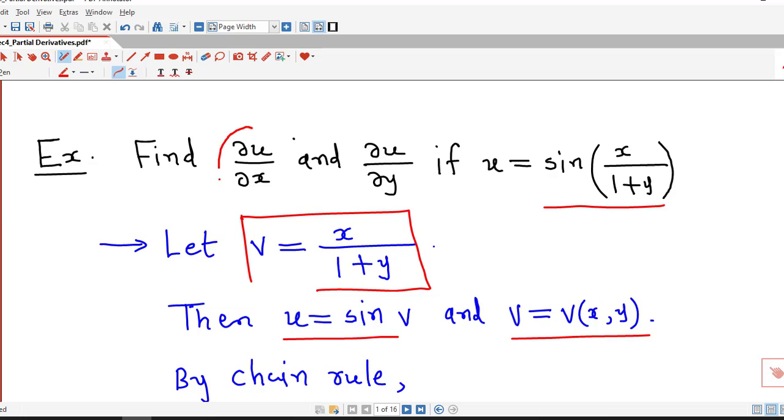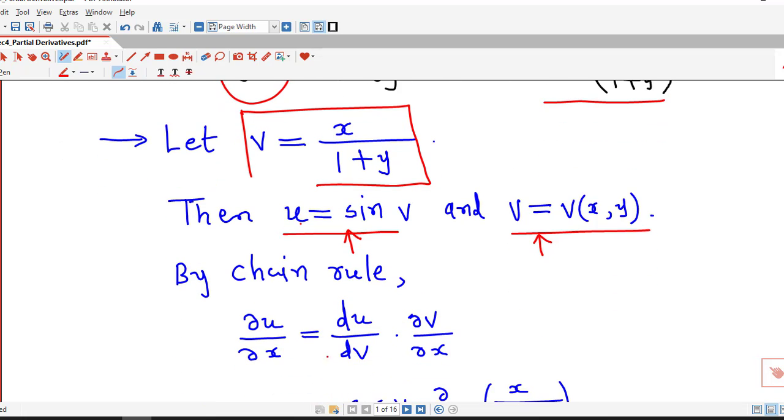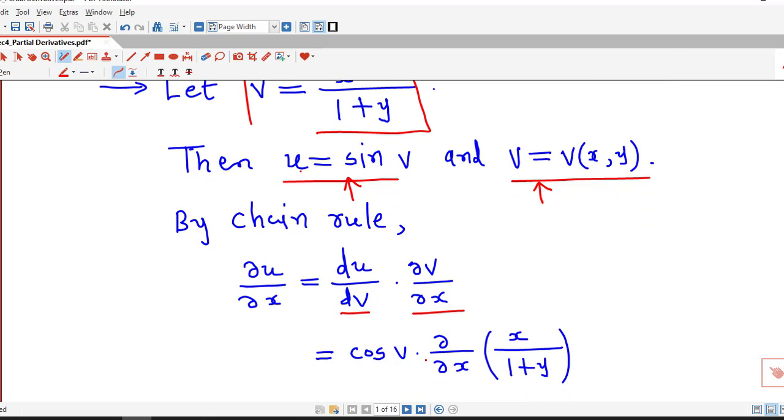If we want to find del u by del x, we first differentiate u with respect to v, and in the product we multiply with del v by del x. So by chain rule, del u by del x equals du by dv, because u is directly a function of v, into del v by del x.